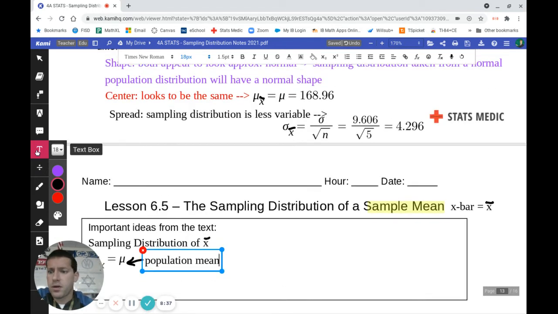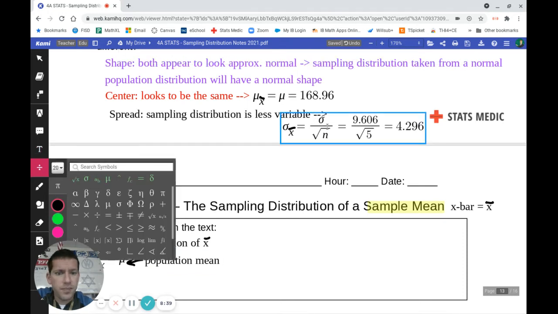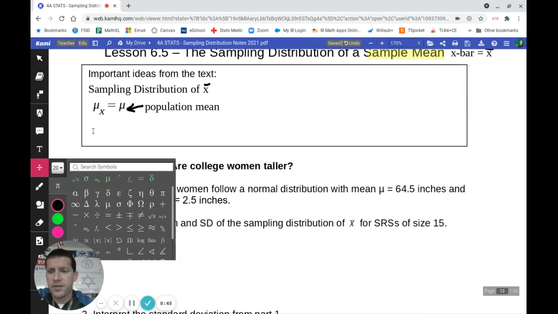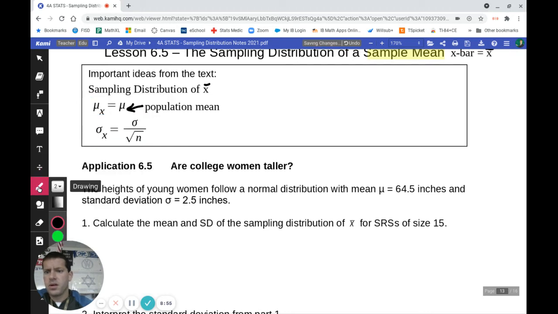And then our new standard deviation formula is going to look like this, where we take the population standard deviation and divide it by the square root of the sample size. The larger the sample size, the bigger the number we're going to divide by, and we'll end up getting a narrower and narrower sampling distribution, smaller variability.